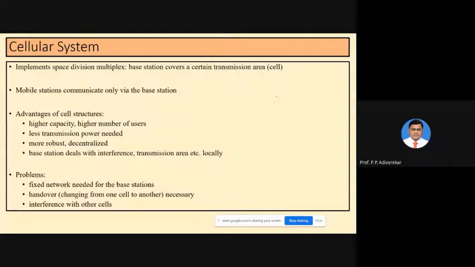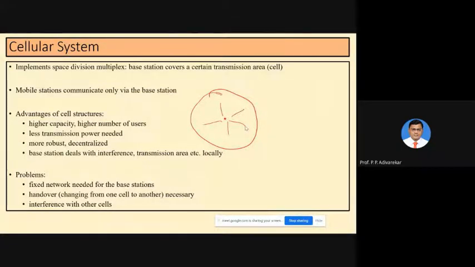If we consider a pattern like a circle, then the antenna is situated in the center of the circle, and it should radiate in all directions. That is the requirement.